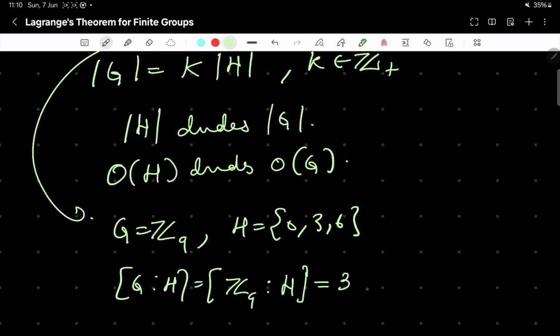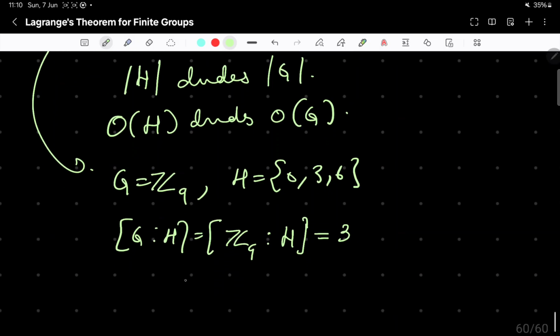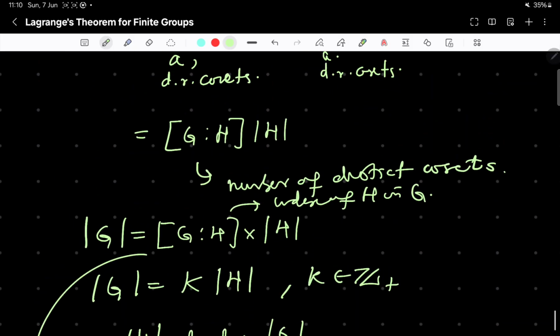There were 3 distinct cosets, right? So this number was 3. So Z9 can be written as 3 times 3. So this was your index. Okay, so this is the idea.